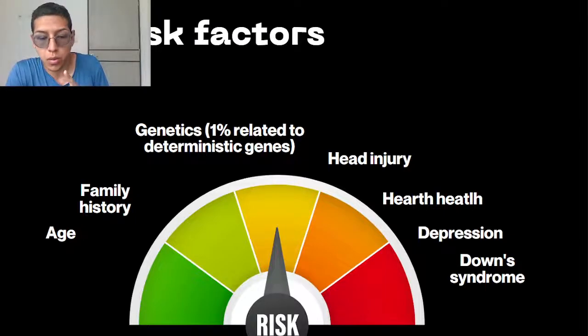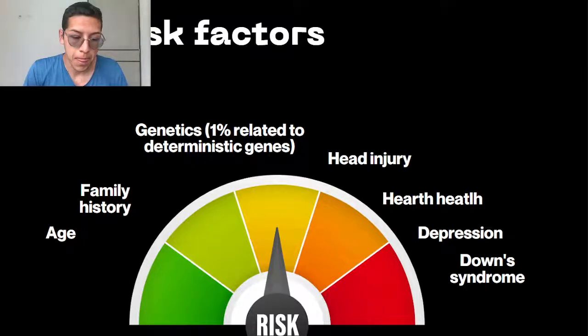That means that just 1% of the cases are because people have the disease in their genetic code, and the rest are not related to genes that make them more susceptible to developing the disease.